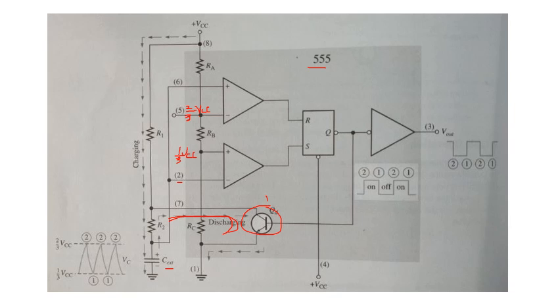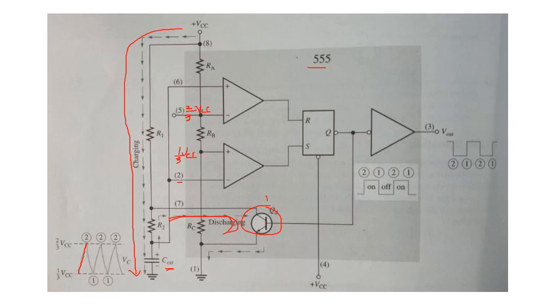So initially the capacitor C charges through this path. The capacitor is charging through the resistances R1 and R2. So it will take some time to charge.